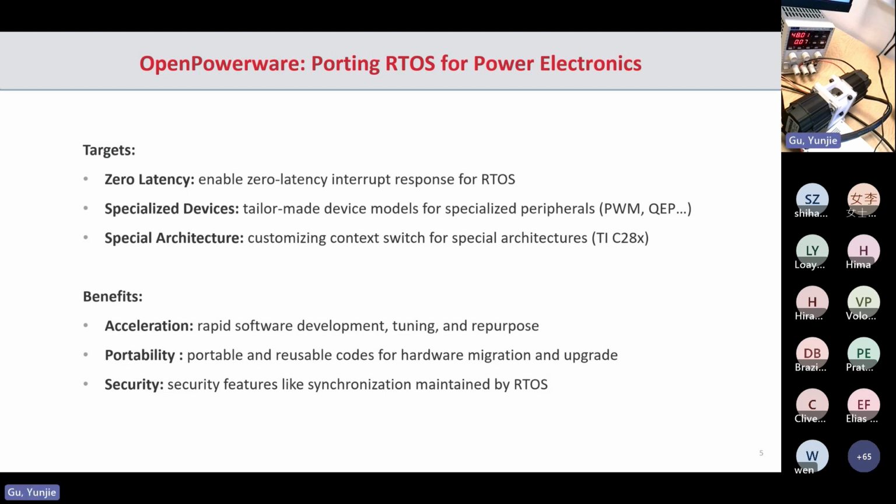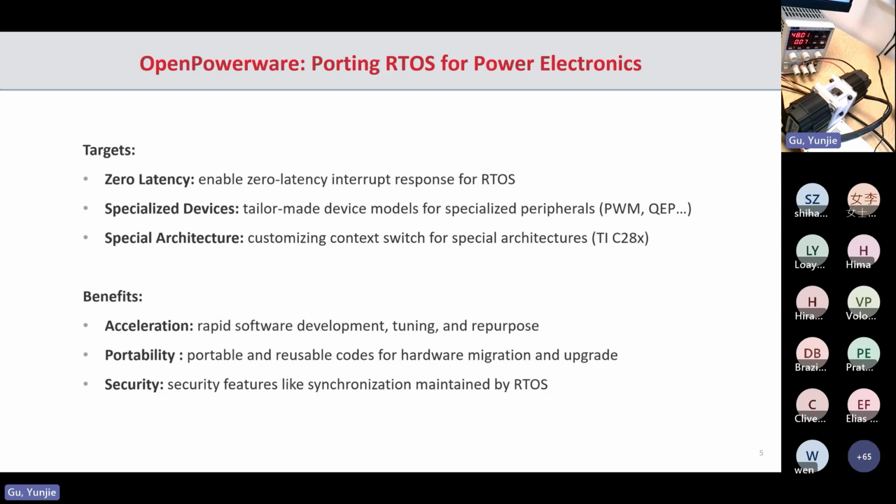And also there are some special architectures like this one, the C28x DSP MCU. It's a mainstream device for the power industry, but it's quite different from the standard architectures like ARM and RISC-V.